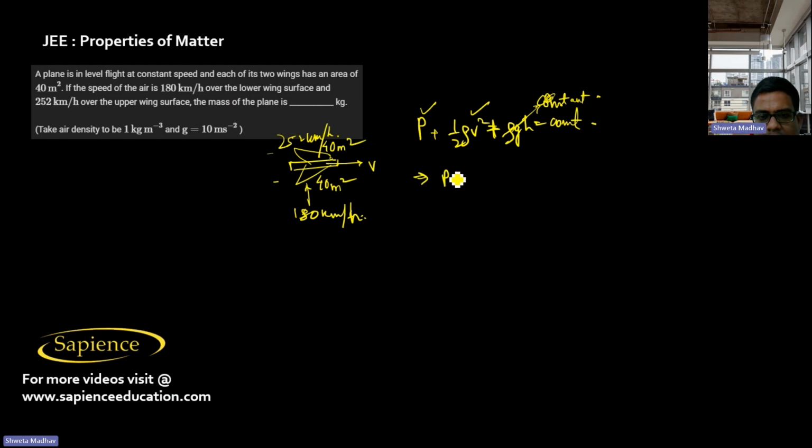So P1 minus P2 is equal to half rho into V2 square minus V1 square.